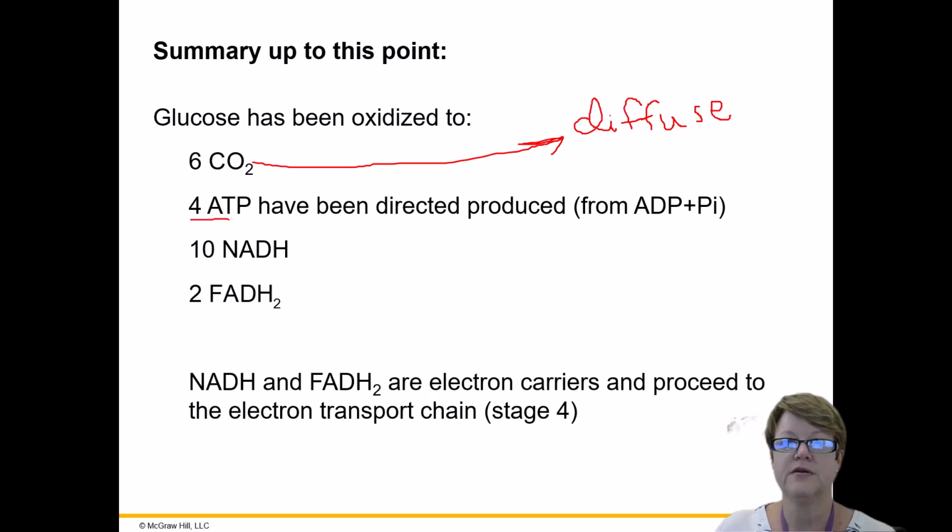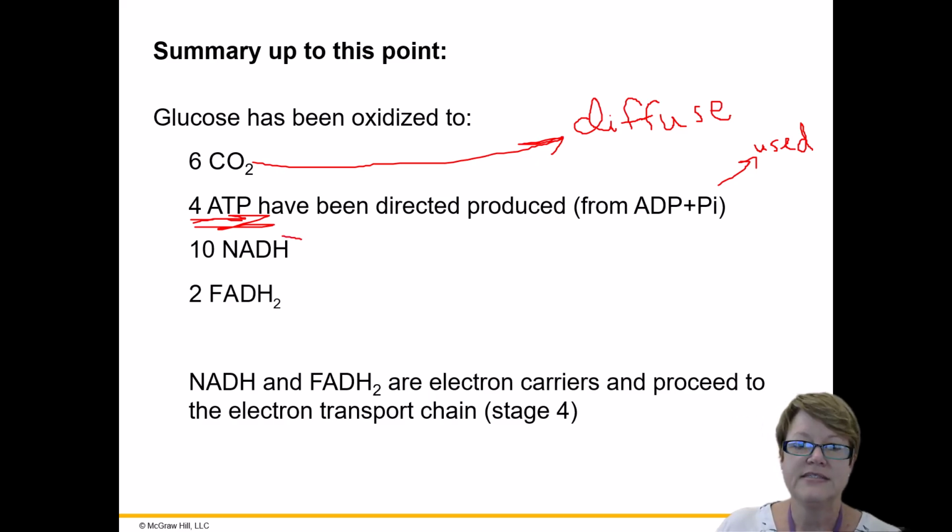The ATP that are made directly in this part of cellular respiration can be used right away. So these are probably used, although we're going to count them in our total, but they're going to be used pretty quickly. It's like cash in your pocket. You spend it right away. So we're going to count this later, but probably when it first is made, it gets used right away.